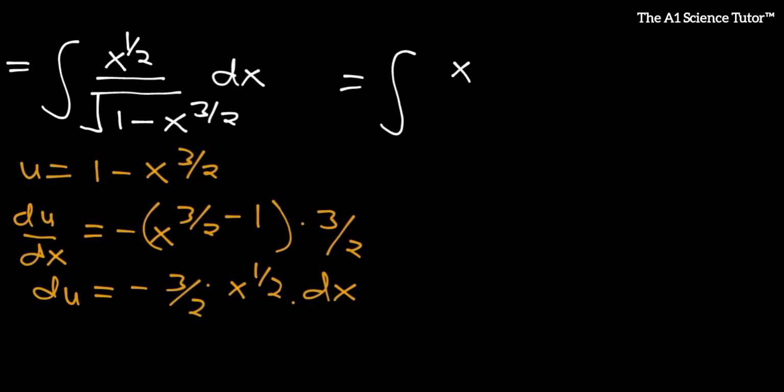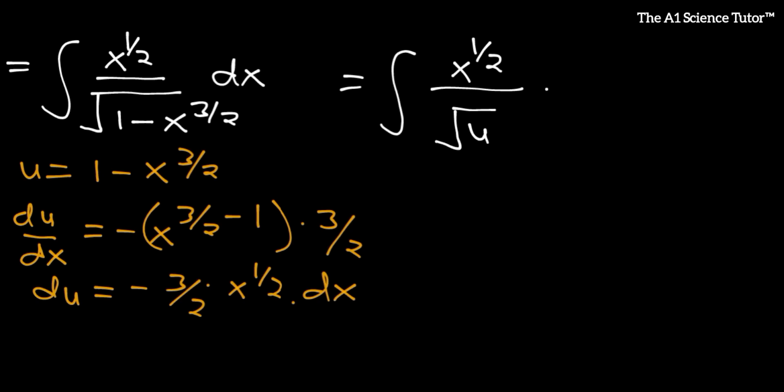So we have x to the power of half, and here we have the square root of u, right? Now dx has been changed to the whole stuff. So this is going to be negative 3 over 2 multiplied, whoa, I seem not to have been done with this part yet, because we actually need to substitute dx with what we have here in terms of du, right?